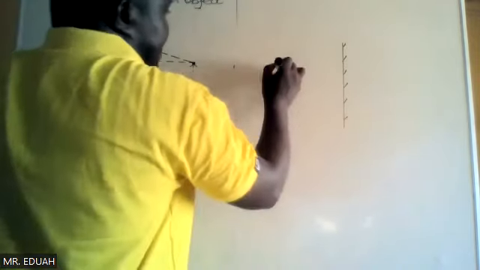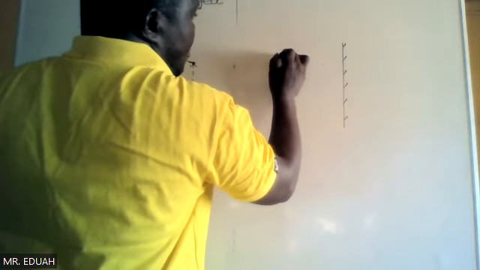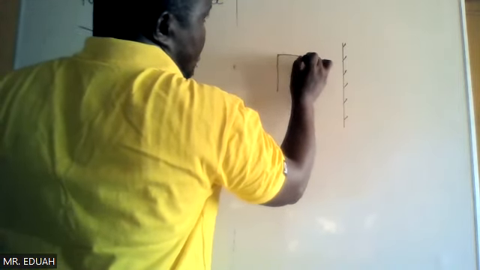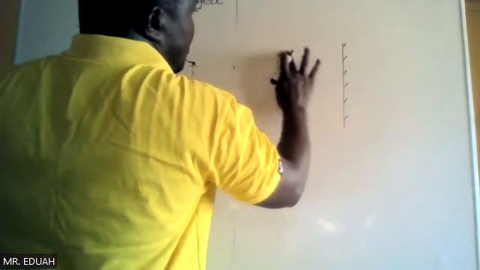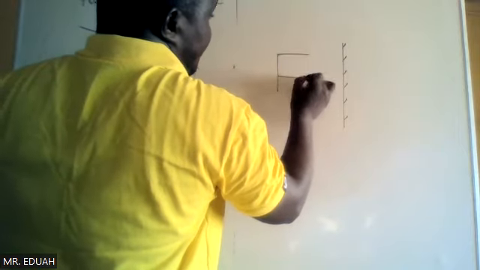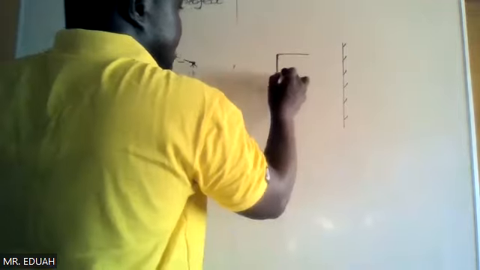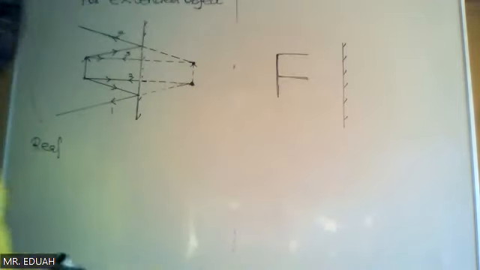So I'm using the letter P. Or let me even use the letter F. F can be drawn easily.